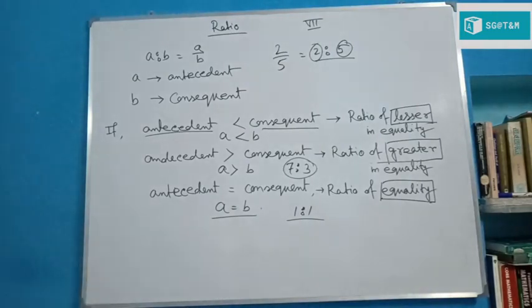These are the ratios of lesser inequality, greater inequality, and equality.